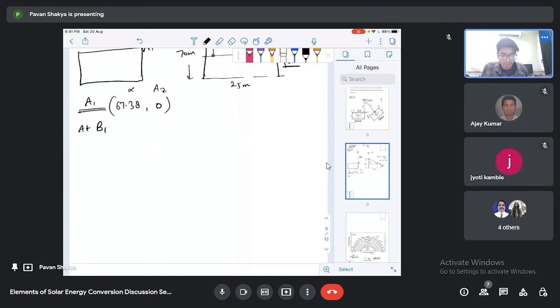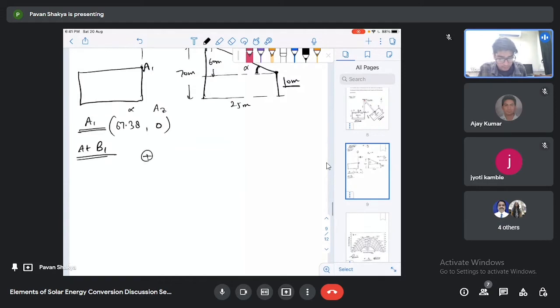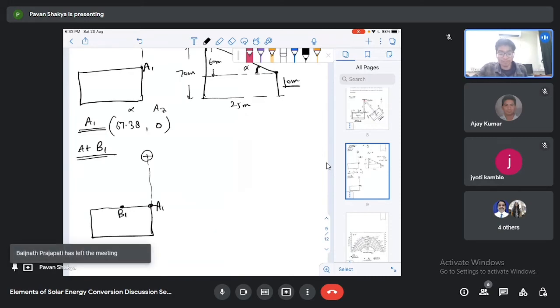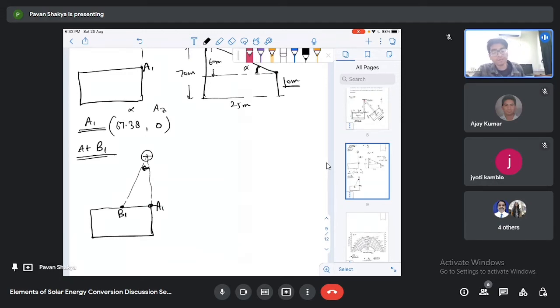At B1, I am again drawing the top view. This one is our point A1, this one is our point B1. What will be this angle? This is our azimuth angle for the point B1 that we will try to find. We know this distance is 25 meter and this one is 15 meter.